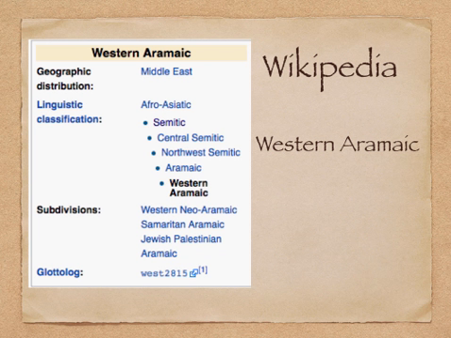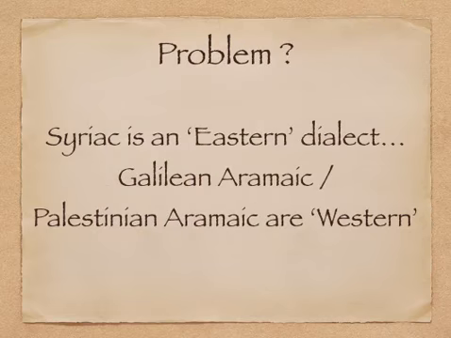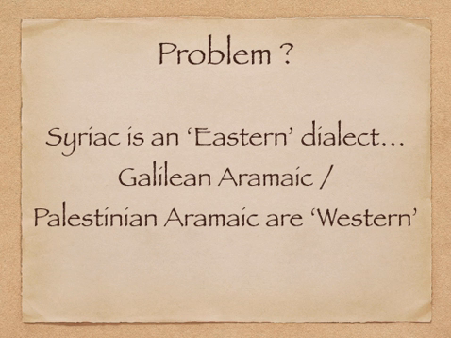A lot of people have looked at what I think are quite simplistic breakdowns, because people love graphs and charts and family trees, and have said that there would be a problem there, because Syriac, according to those breakdowns, is an Eastern dialect, whereas Galilean Aramaic or Palestinian Aramaic is a Western dialect of Aramaic.